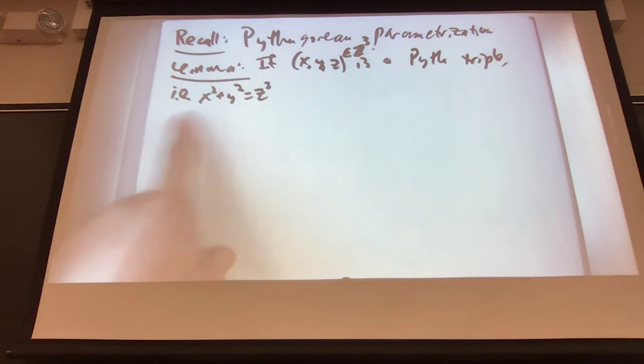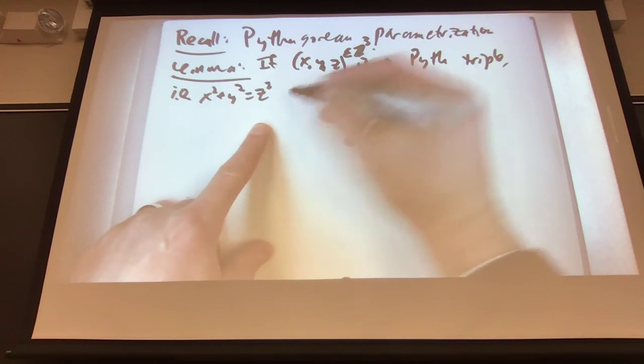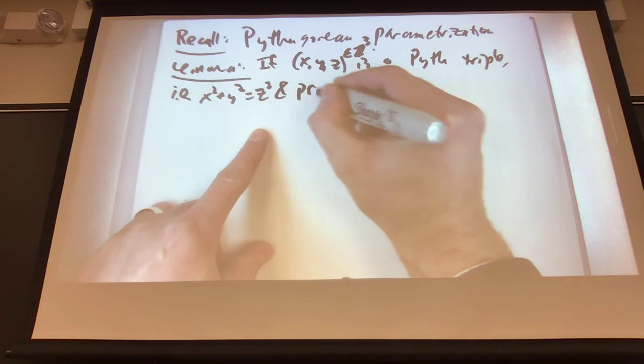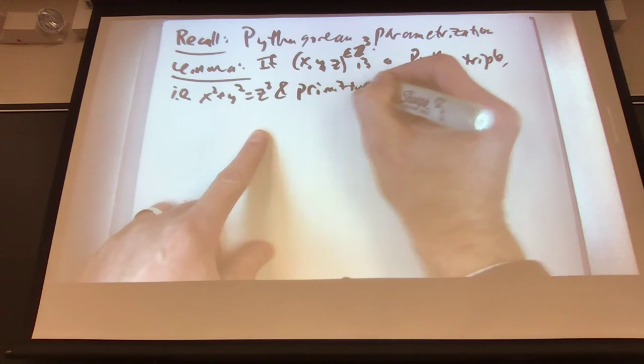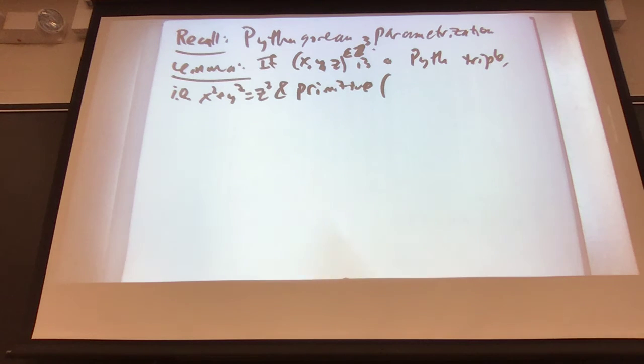If that's a Pythagorean triple, in other words, it's a triplet of integers so that x squared plus y squared is z squared, and primitive. What does it mean to be primitive?